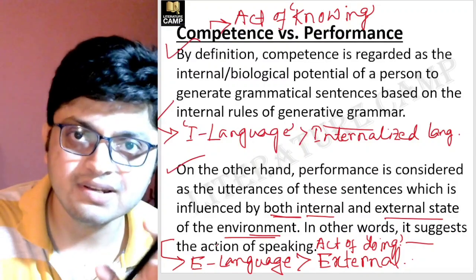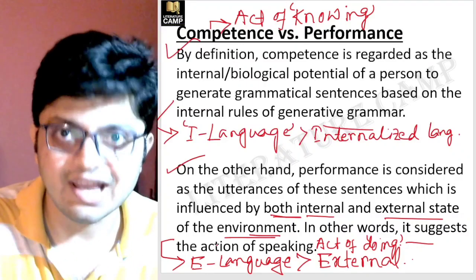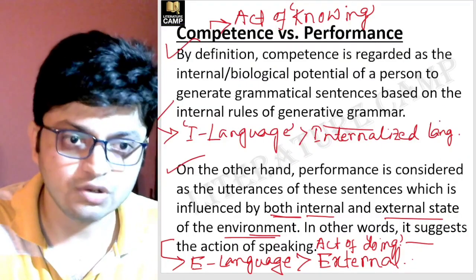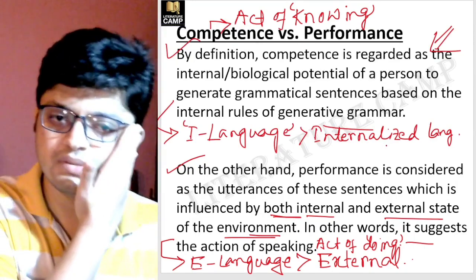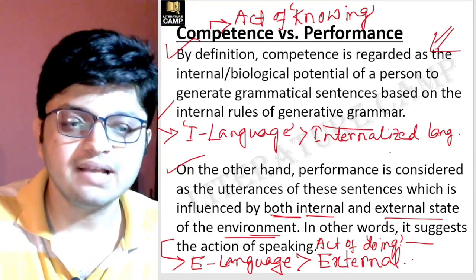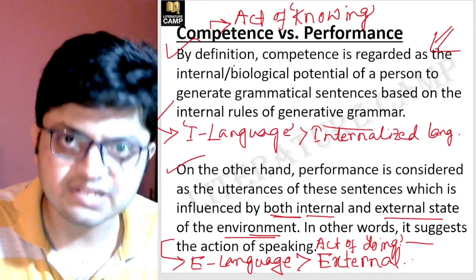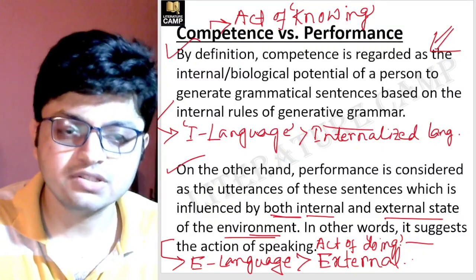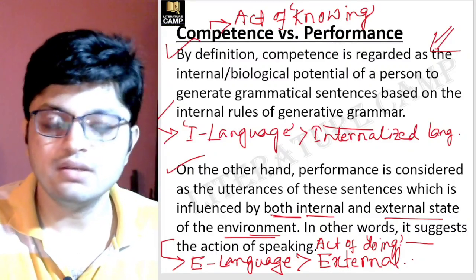So he has given more priority to I-language over E-language. Please make a note of it that Noam Chomsky has given priority on language competence or I-language over language performance or E-language.